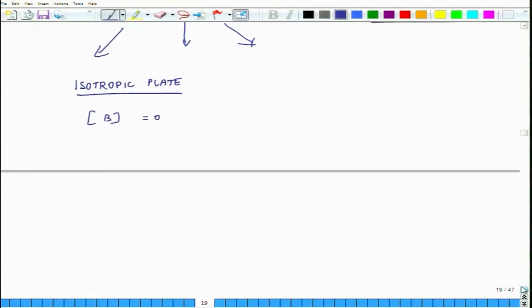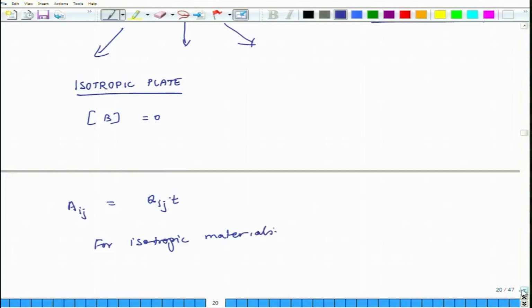Okay. And then what about the A matrix? So, the A matrix elements can be defined as Qij times the thickness of the plate, since it is just a single layer because it is one single material. And what are the elements of the Q matrix for an isotropic material?